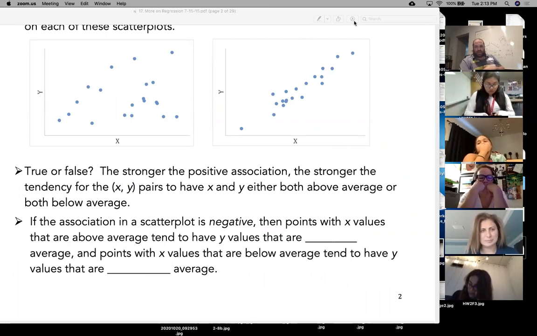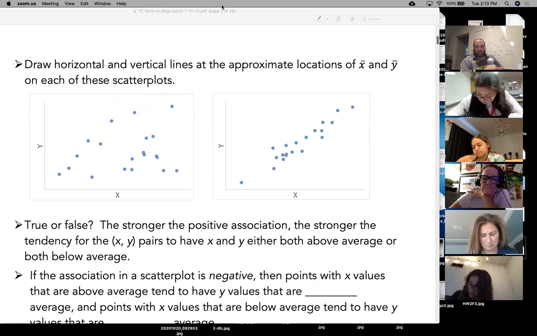Let's go ahead and try to guesstimate the averages in the X direction and the averages in the Y direction. Where would you say roughly is the average in the X direction here? Would somewhere in the middle make sense, give or take?